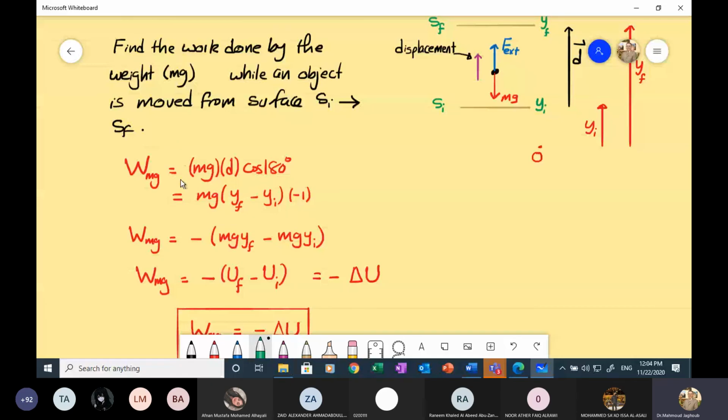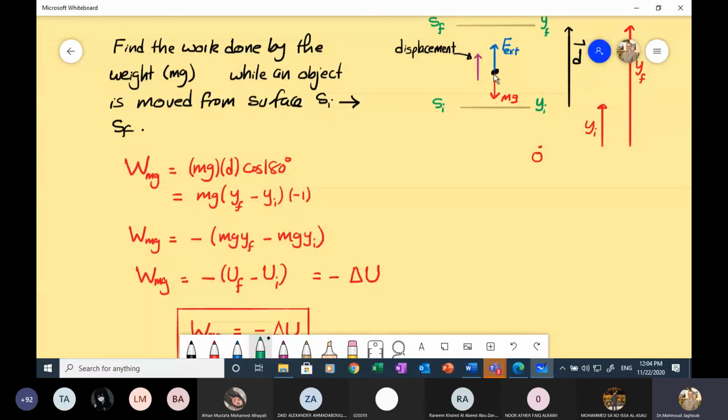So let me calculate that work by mg. So W mg equals the force mg multiplied by the magnitude of the displacement, which is d, multiplied by cosine 180. Why cosine 180? Because the force is downwards and the displacement is upwards.